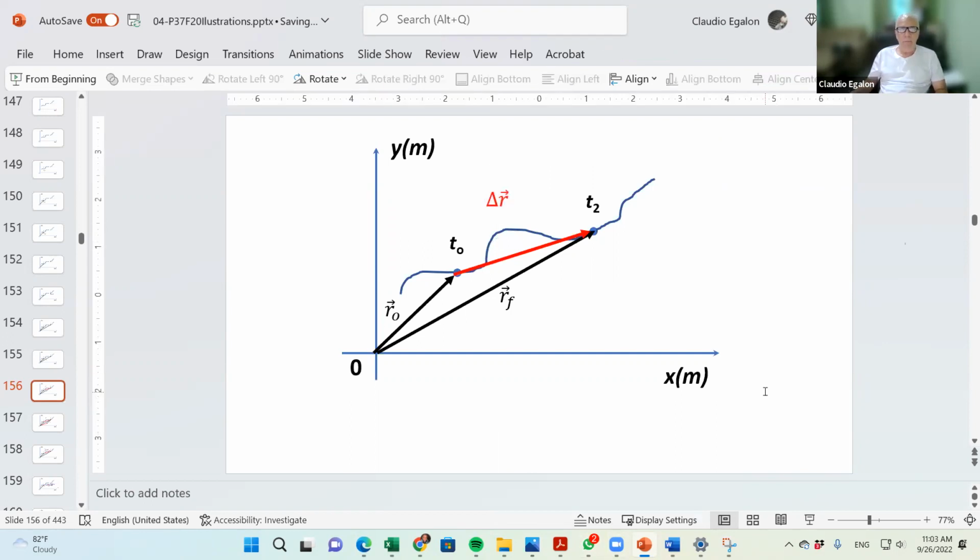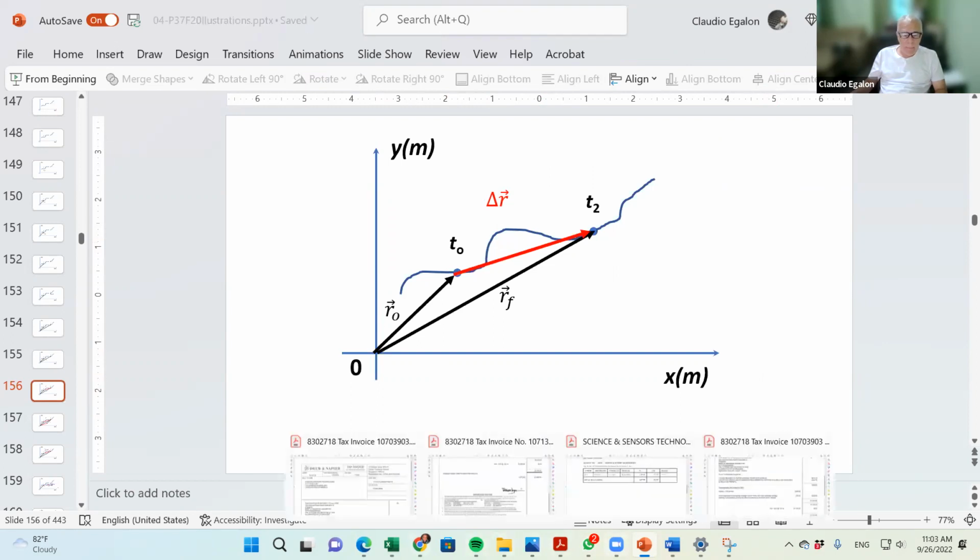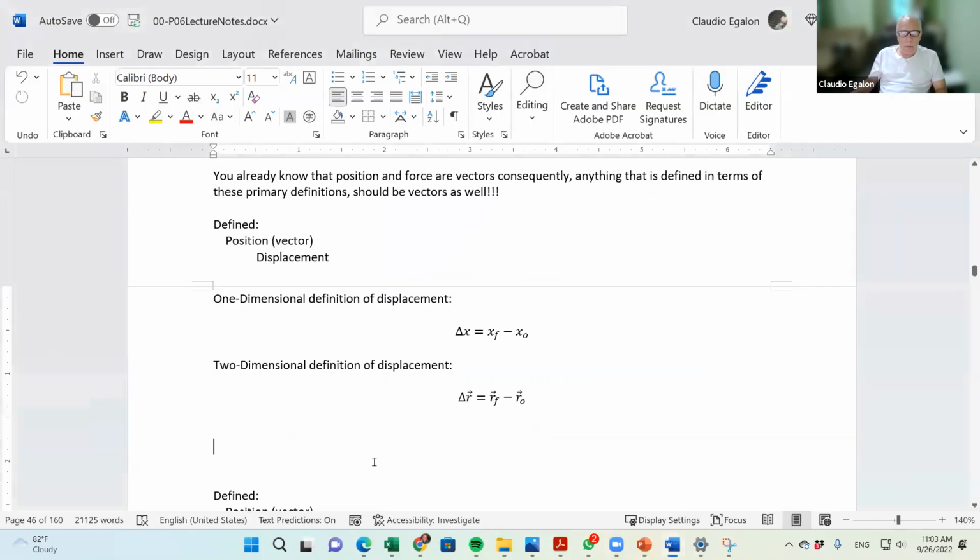So just say R naught plus delta R is going to be RF. I'll prove that for you right here. R naught plus delta R is going to be what?